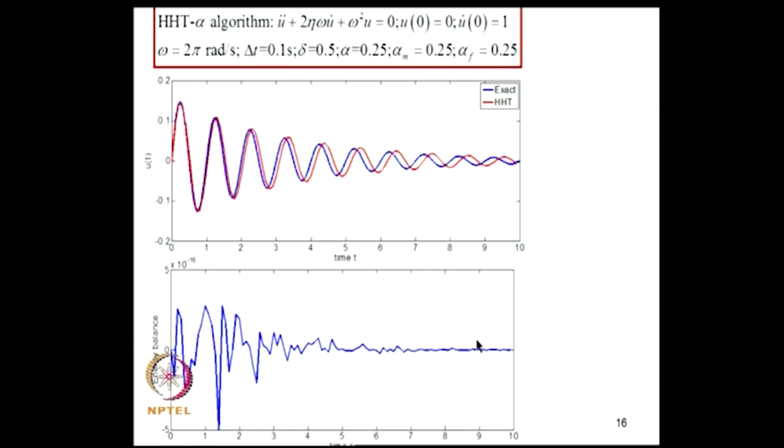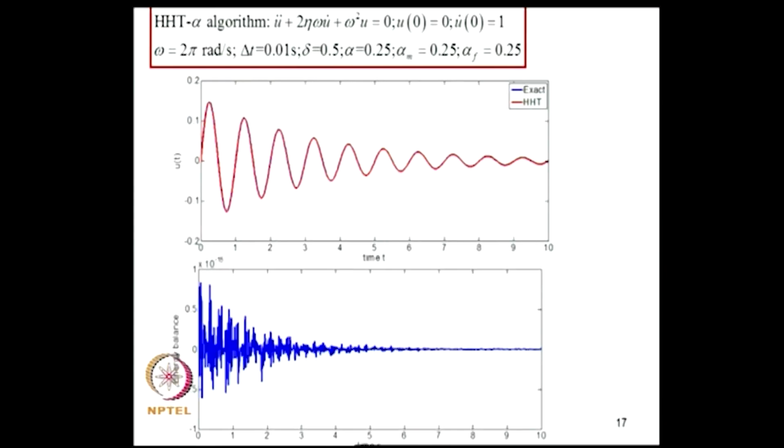The same issue about algorithmic energy conservation can also be studied for other integration schemes. So, I have shown some illustrations here. This is the HHT alpha method with these parameters, damped free vibration with step size of 0.1 second, and we see that the energy balance condition is met, and it so happens that the step size is in the range that ensures stability of the solution.